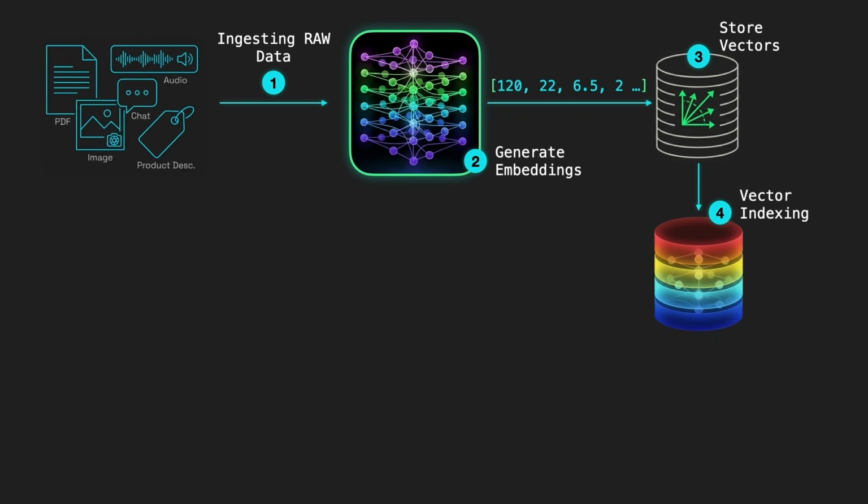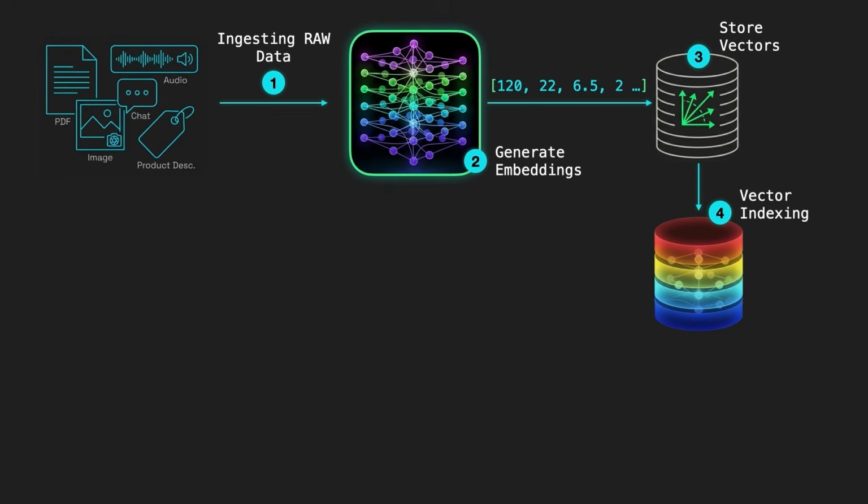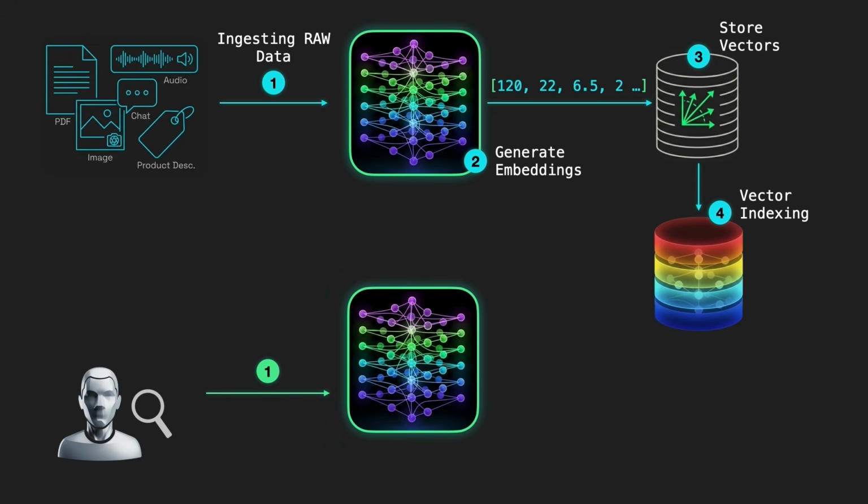So everything we have discussed so far happens in what we call the ingestion phase. Now, let's look at what happens when a user actually searches. When a user or an application sends a query, for example, let's say the user searches, how do I improve my focus?